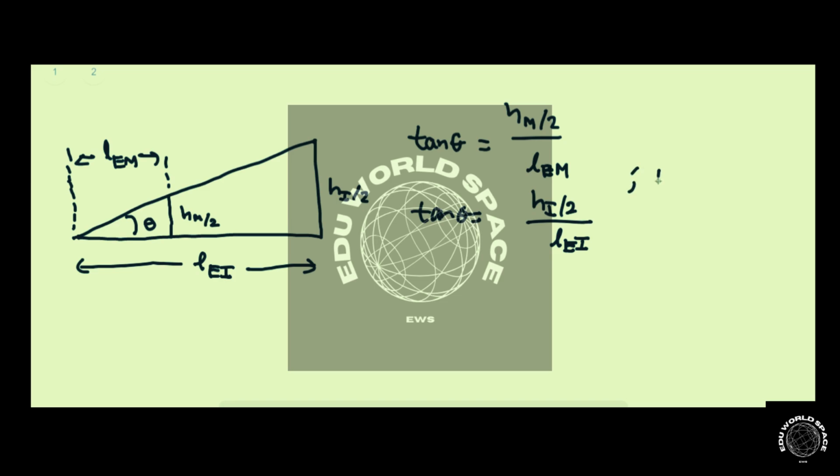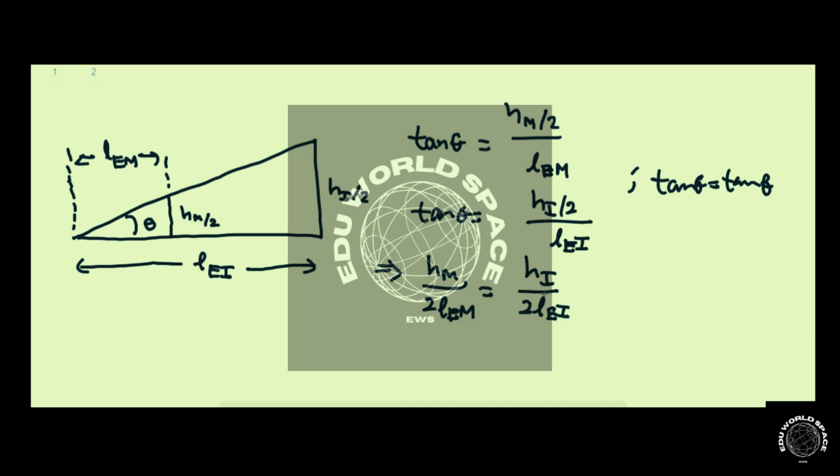And obviously, tan of theta is equal to tan of theta. So we can equate these two parts. So we have HM over 2 LEM is equal to HI over 2 LEI.